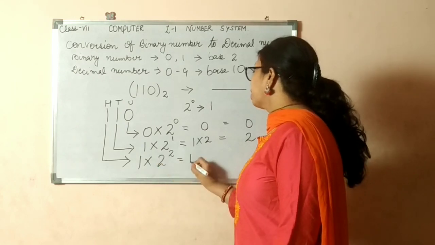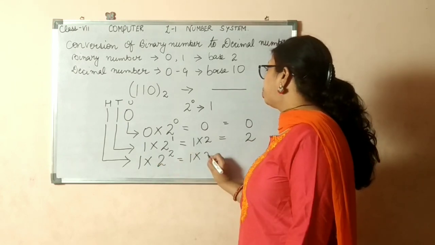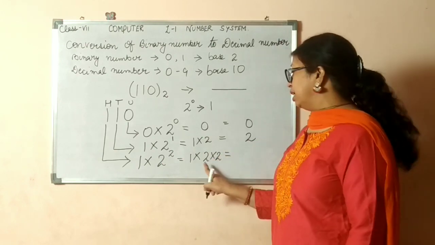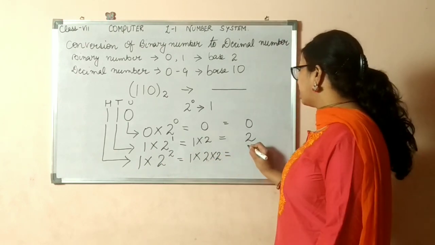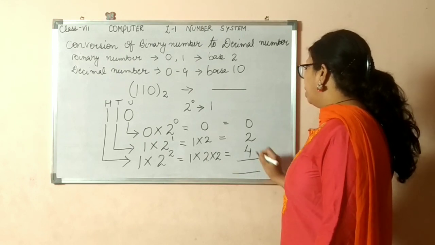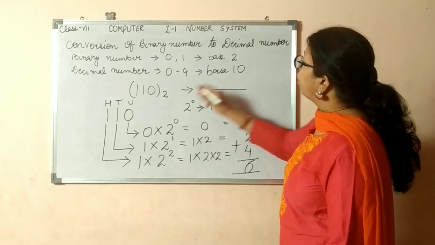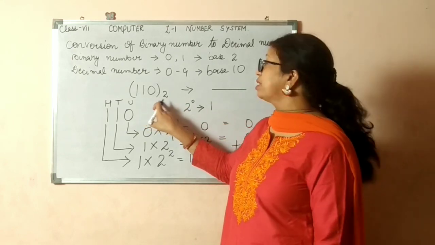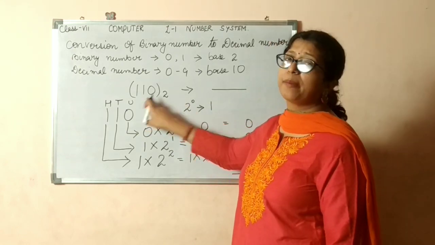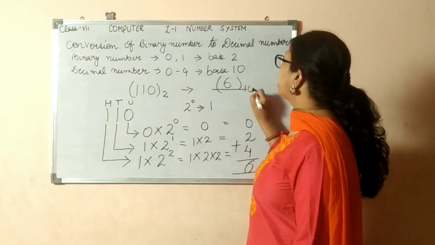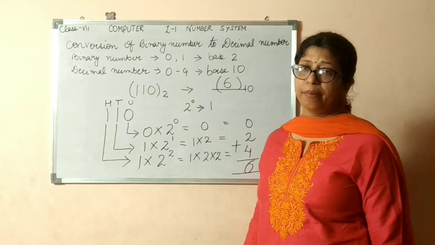Here 1, where 2 raised to the power 2 shows 2 is repeated 2 times, twice. So 2 2s are 4, 4 1s are 4. And when I am adding, I will get 6. So when I change 110, this is my binary number, into decimal number, I will get 6. This is my decimal number.